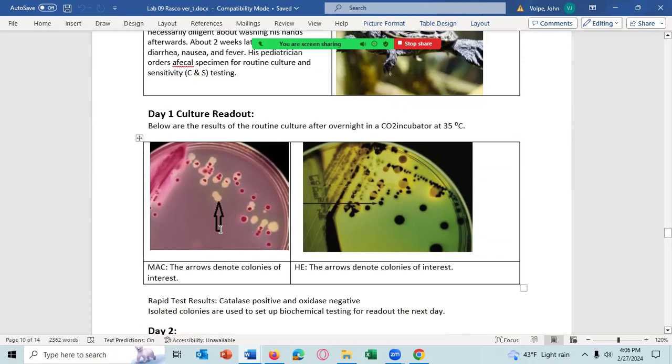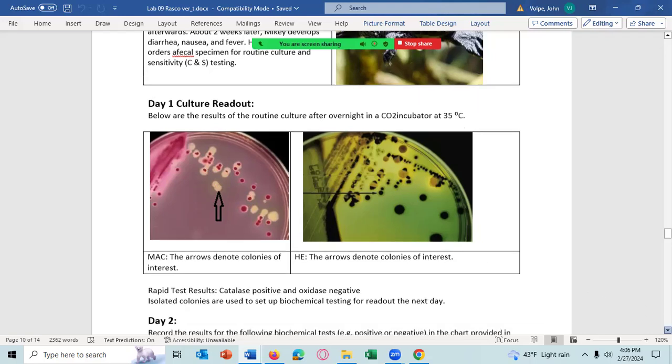The colonies of interest are shown by an arrow. So that colony of interest is a white colony, not a pinkish colony there. And I'm not sure, these must be both colonies, white and pink, because there's a full pink colony and there's a full white colony. And then they grow the colony of interest on the HE plate here.